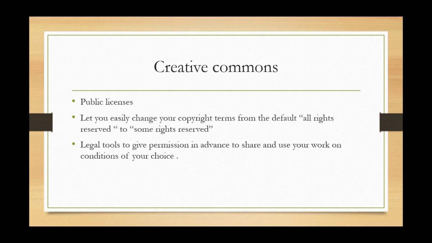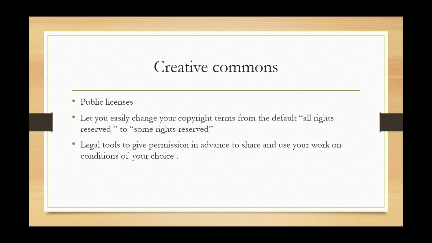Another type or category of open source license, we call it Creative Commons. In fact, this is a public license, and it can be used to indicate what other people are allowed to do with your work. In this case, each work is automatically protected by copyright, which means that others will need to ask permission from you as the copyright owner.